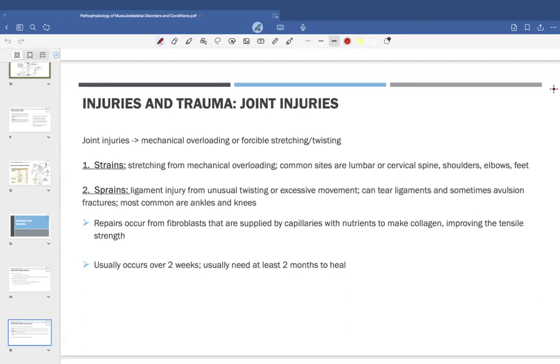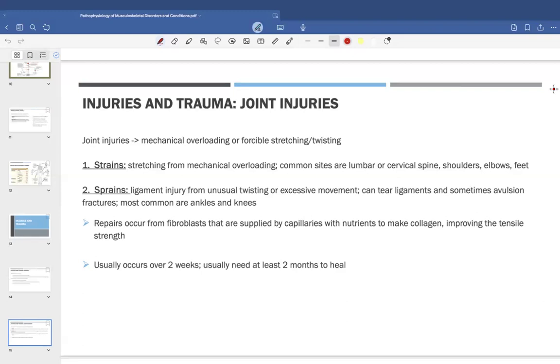Most of your joint injuries have to do with those kinds of injuries, whether it's mechanical overloading or some type of forced stretch or twist. Talk about strains. These involve muscles. Sprains involve ligaments.